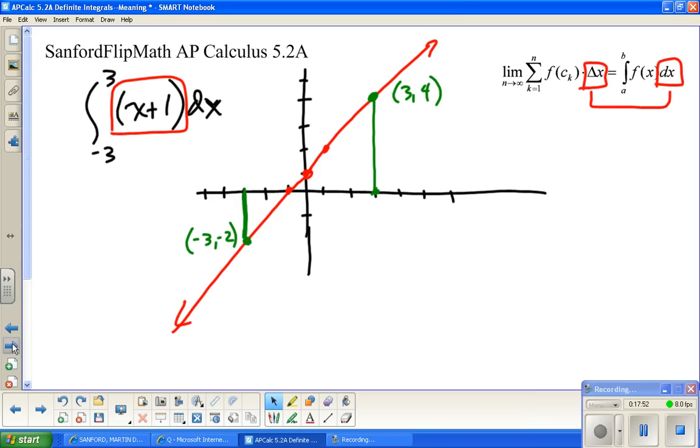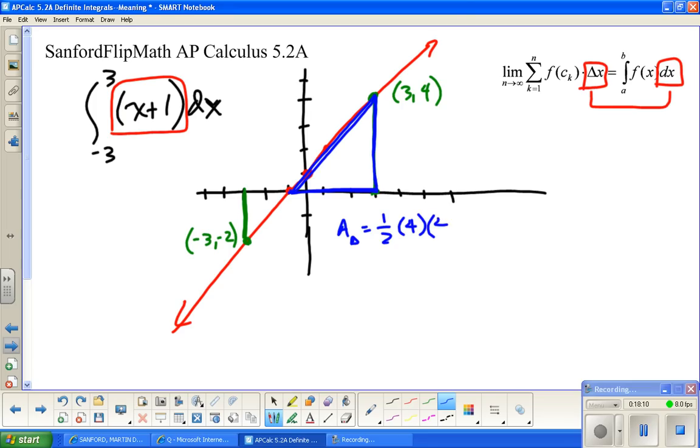So here's the thing. If I'm going to do this by looking at areas, and that's what I'm doing, then I need to look at this area. Remember, this little area of a triangle, 1/2 base times height, this thing was 8. We did that before. This little triangle right here was 1/2 times 2 times -2, so that was -2.